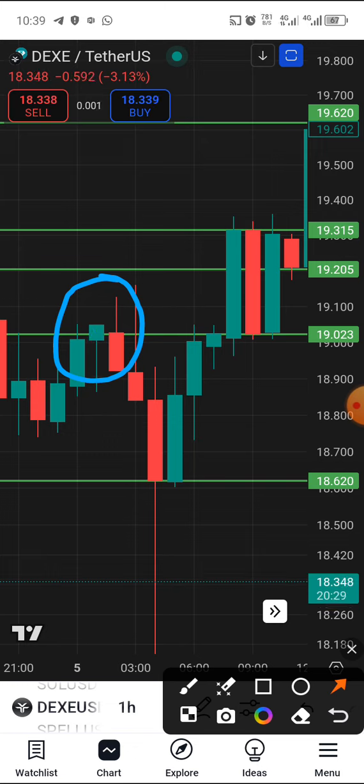I know you may not understand what a hammer is, but when we come to the lessons about candlesticks and chart patterns, you will know it more. But this candle here, it was a breakout candle. It opened below the line and closed above the line.